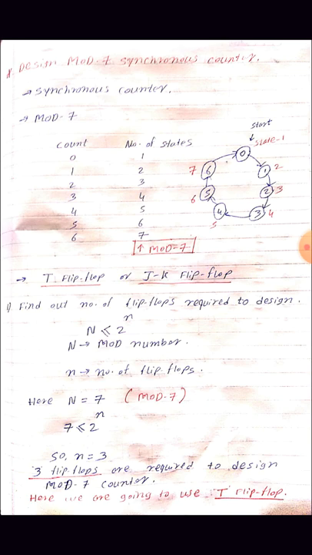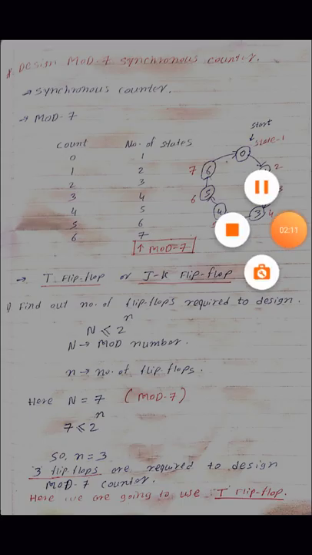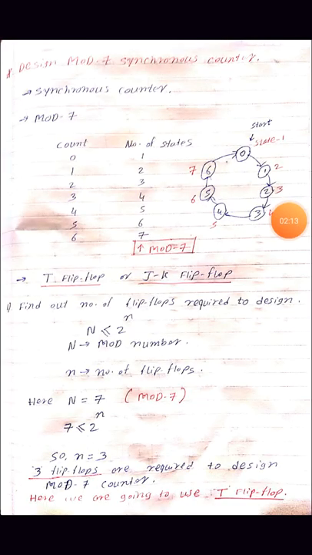The total number of states are 7 states, that is, number of the states like 1, 2, 3, 4, 5, 6, 7. It will count from 0 to 6, meaning less than the mod number.